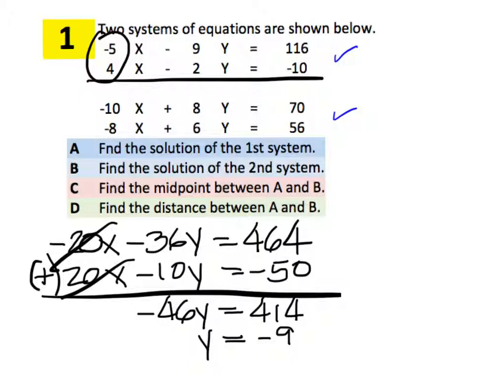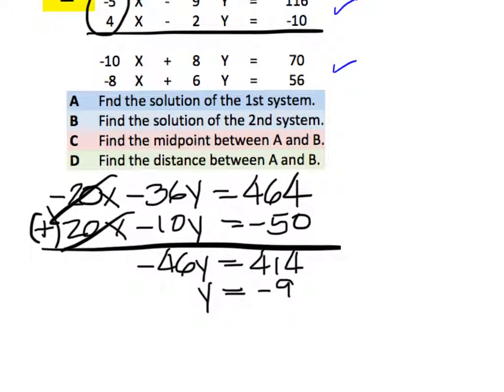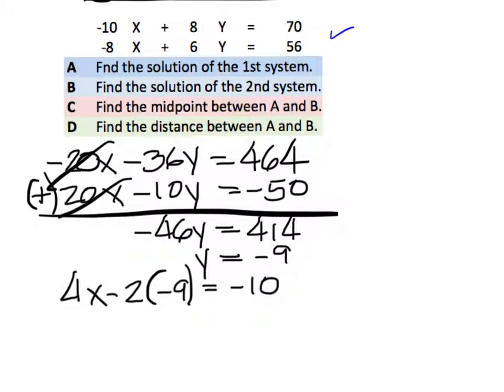So once you have that, plug that negative 9 into one of your two original equations. I'm going to use the bottom one, 4x minus 2 times a negative 9 equals negative 10. And then we'll have 4x plus 18 equals negative 10.